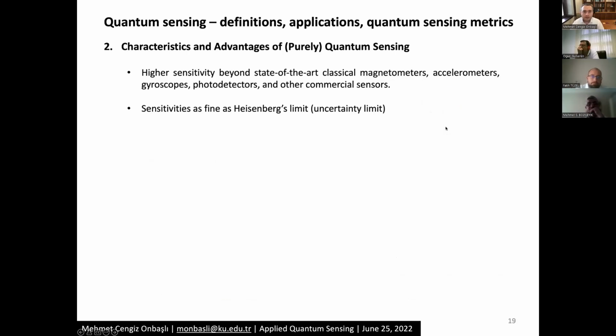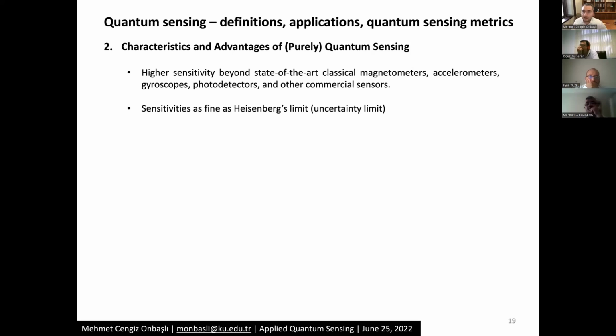So we can also now define what makes our sensing purely quantum, or how it is relevant for our applications. We can observe higher sensitivities beyond state-of-the-art classical magnetometers, accelerometers, gyroscopes, photodetectors, or other commercial sensors.